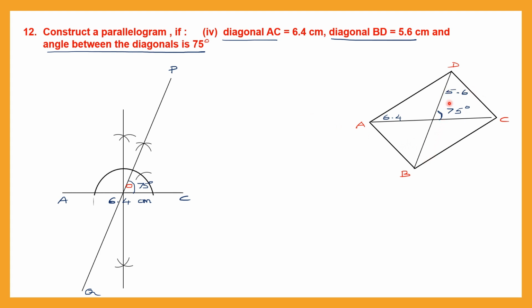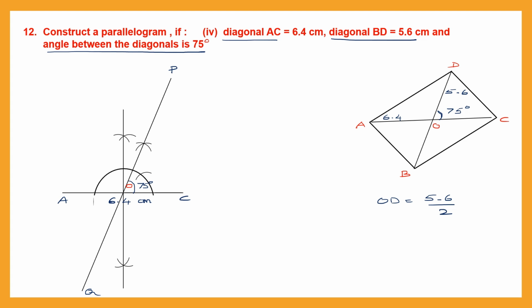BD is 5.6 centimeters. That means this point here, it is O. So let's write O here. So this is O. That means OD is half of BD, isn't it? OD is 5.6 divided by 2. So let's get that. Similarly, OB also is 5.6 divided by 2.